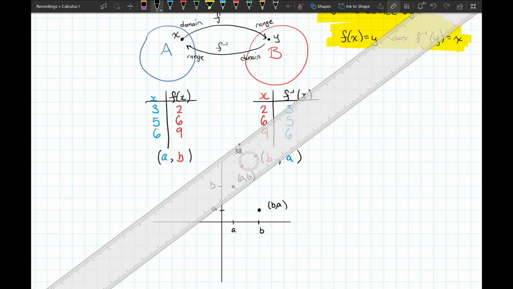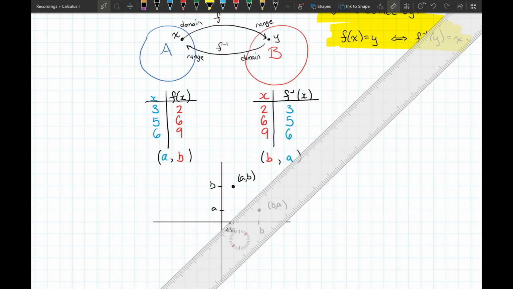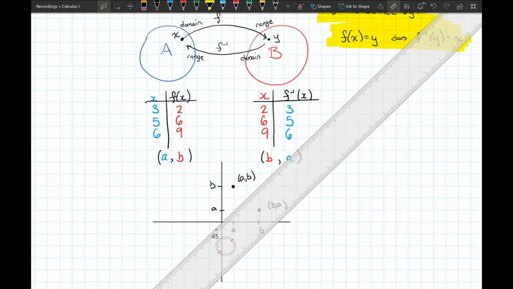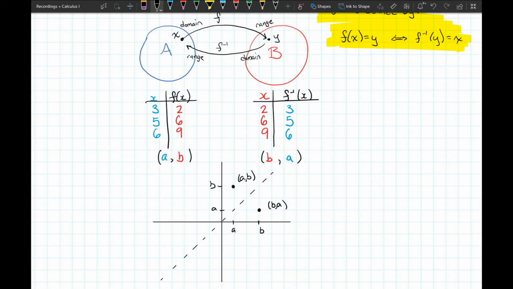It has this nice result that actually, if you were to take a 45-degree line, now if you've been watching some trigonometric videos, you know that we're actually going to call that pi over 4 usually. In radians, pi over 4. There's our 45-degree line, and you can see that this is actually a reflection over that 45-degree line.